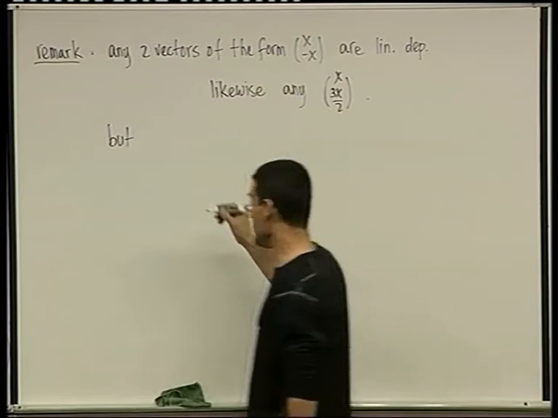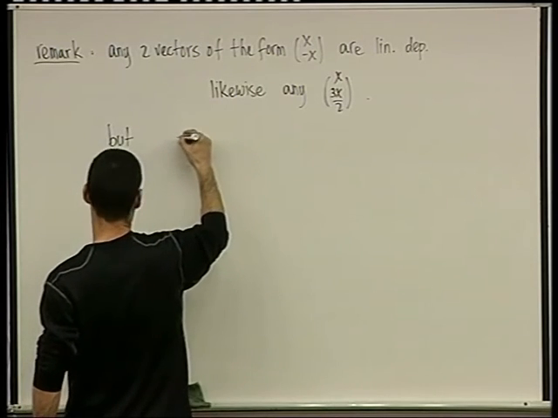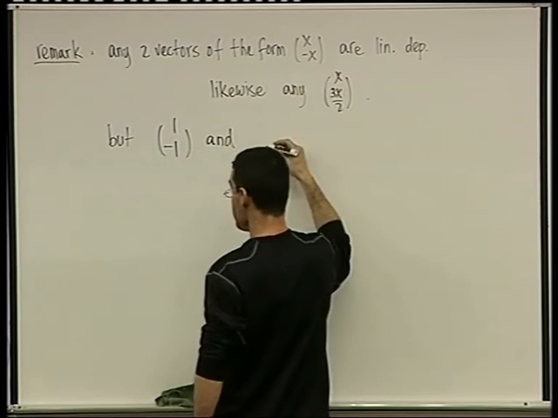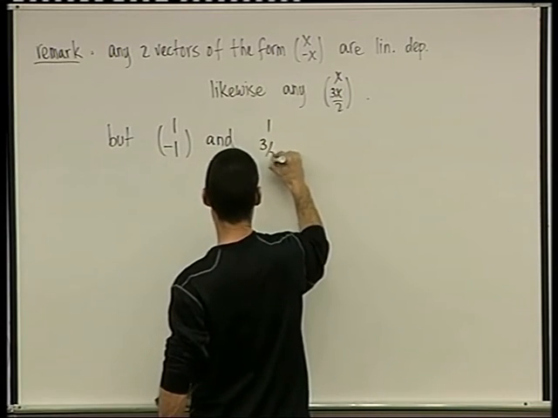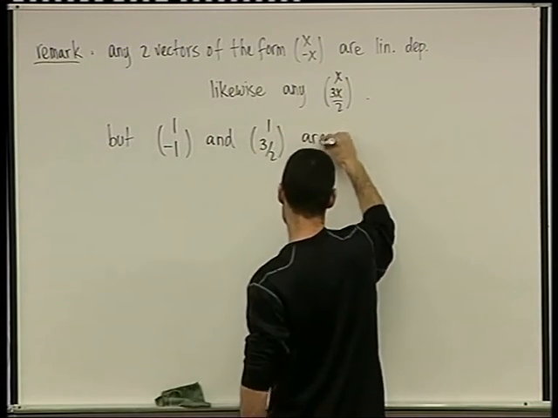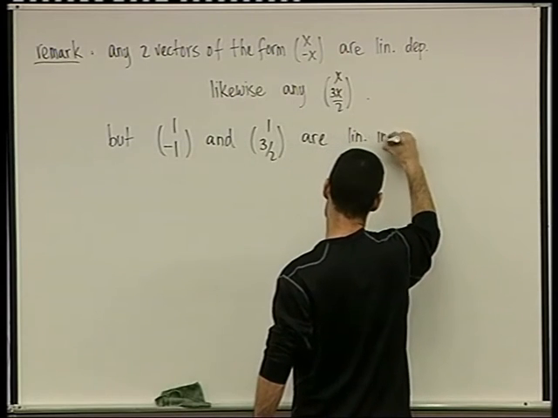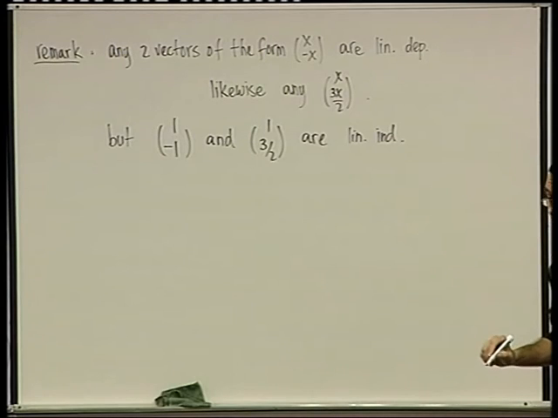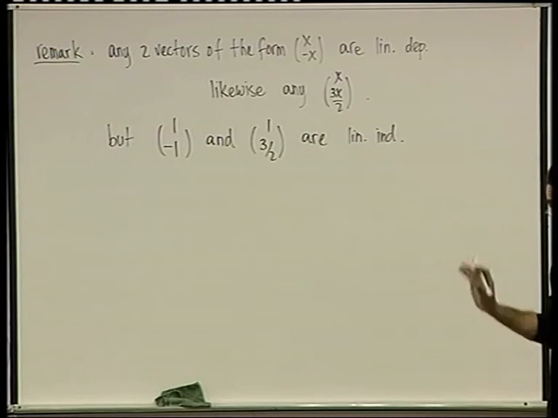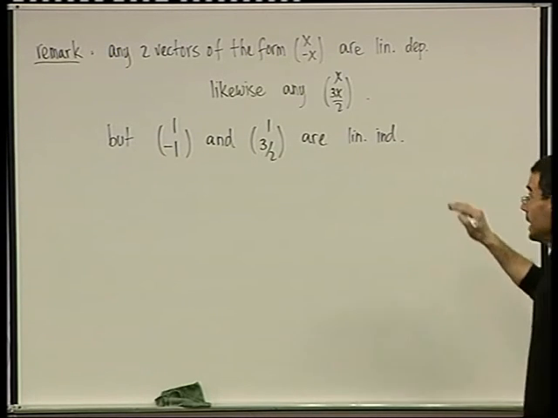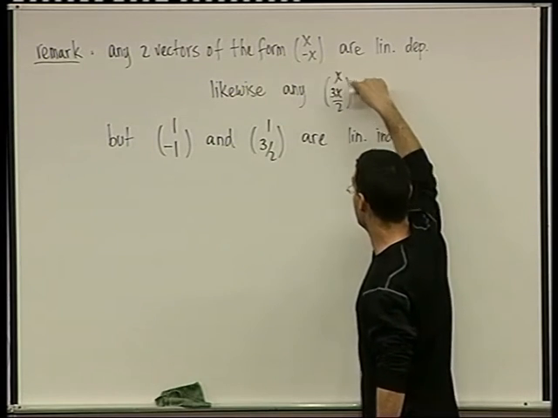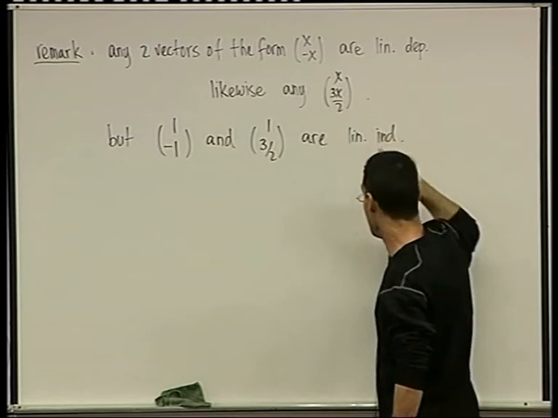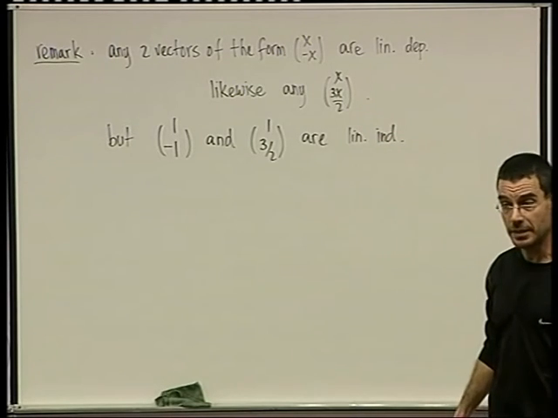Okay? So that's going to be the theorem. But in this case, 1, -1 and 1, 3/2 are linearly independent. And that's always going to be the case. Okay? Is the remark clear? Eigenvectors corresponding to different eigenvalues are going to be linearly independent.